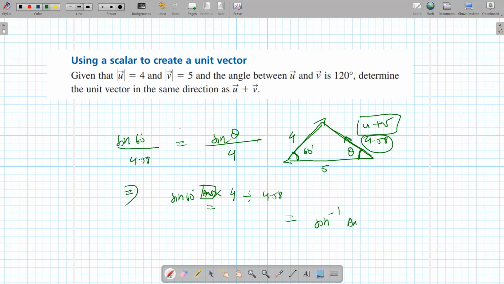Sine inverse of answer, and equals. Yeah, 49.14. So what were you doing wrong? It's probably the syntax or the order of operation on the calculator. It can be a bit picky.